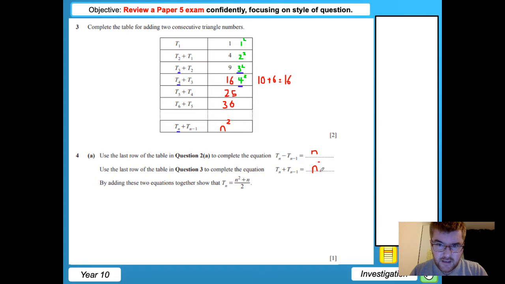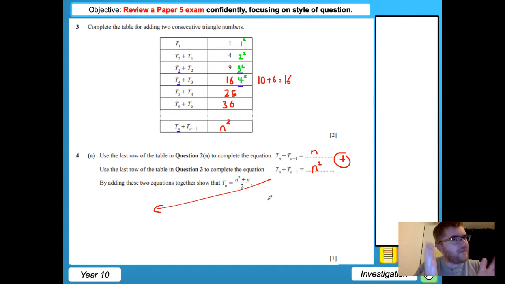And then from here, we need to show this is true, okay, by adding the two equations together. So what we need to do is add these two together. Okay, so I'm going to do that over here. So let's go through one term at a time and then add them together.